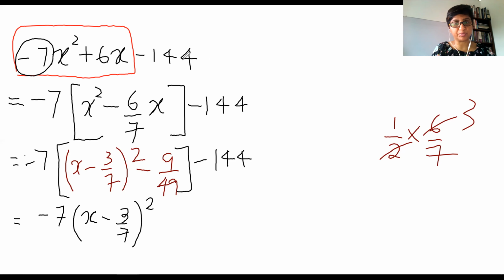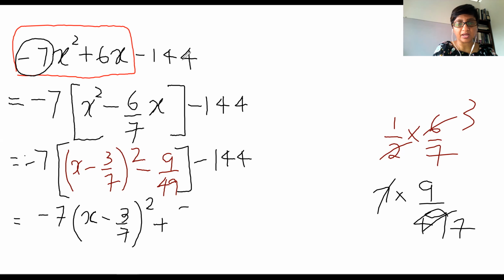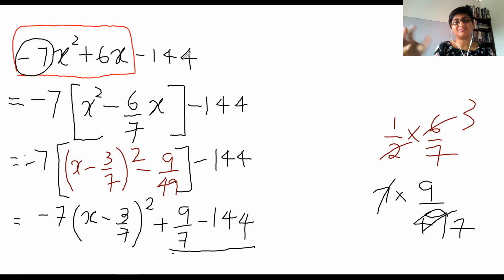Minus into minus is plus. 7 times 9/49 is 9/7. 9/7 minus 144, and these two numbers will add to something. Let me not do that. You can do it with the calculator. And that's what you get.